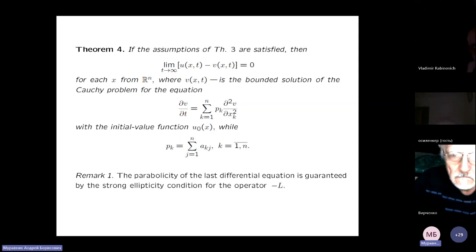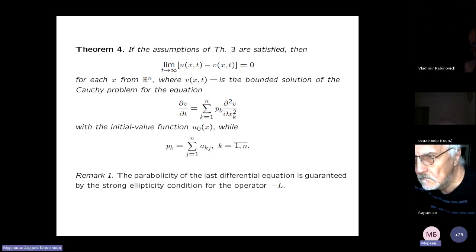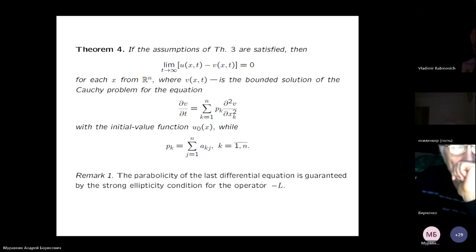Now I still have several minutes to talk a bit about the proofs. Definitely about the main ideas lying at the base of the proofs.